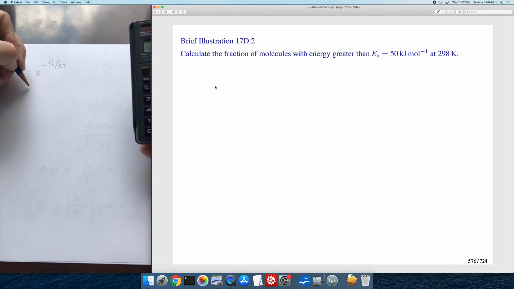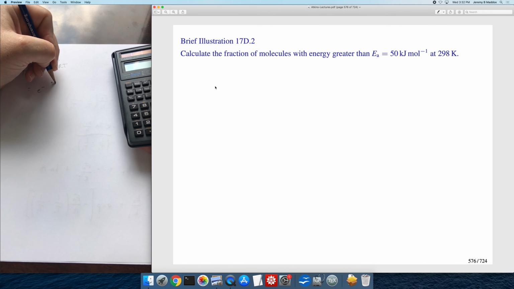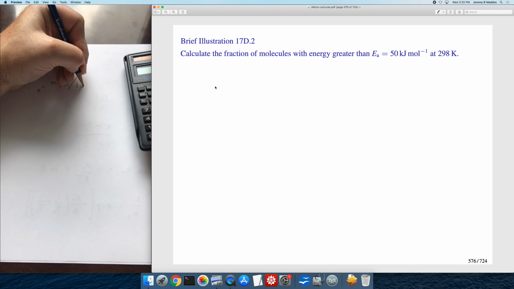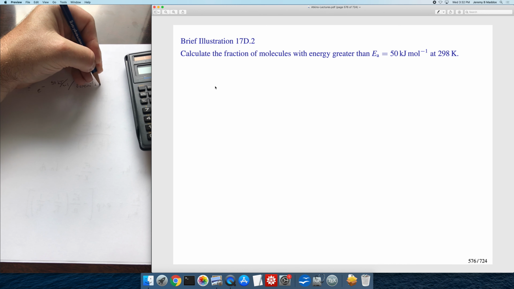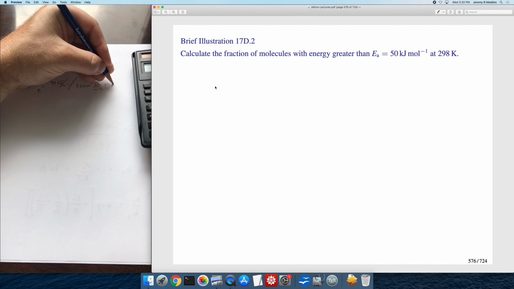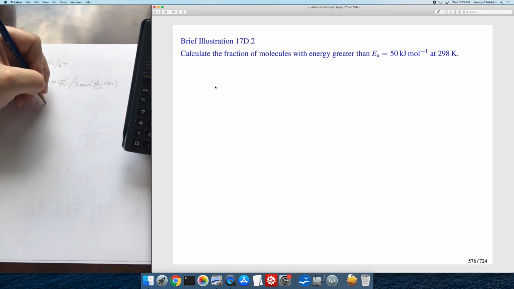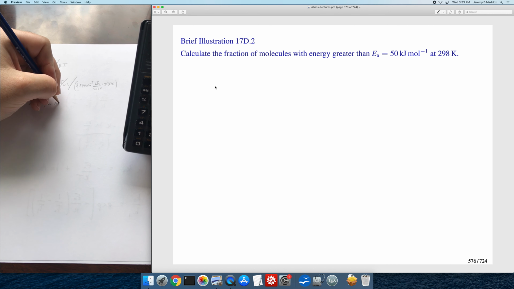So if you take e to the minus 50 kilojoules per mole, and then you divide that by 8.314 times 10 to the minus 3 kilojoules per mole Kelvin, and then multiply by 298 Kelvin, all of that is in the denominator. I think we're going to get a very small number here. 1.72 times 10 to the minus 9.